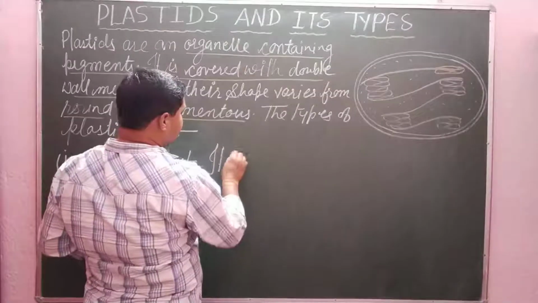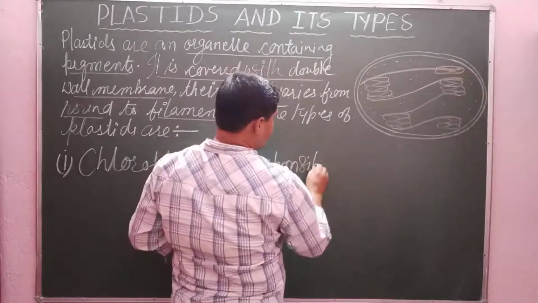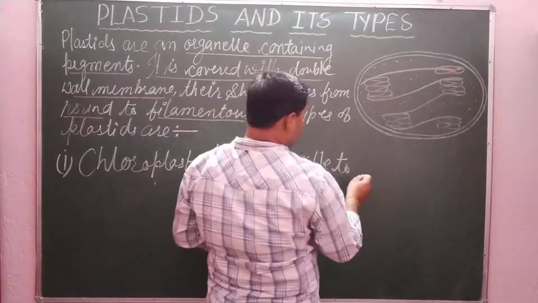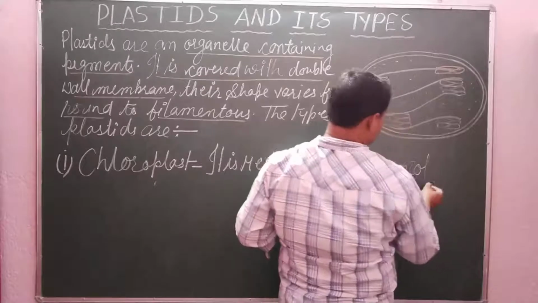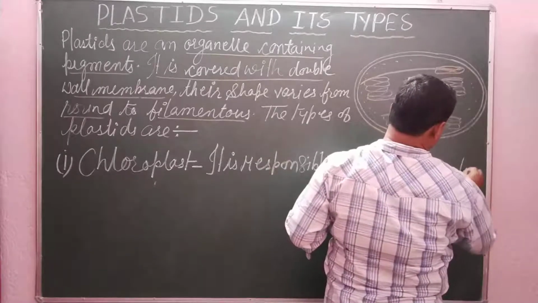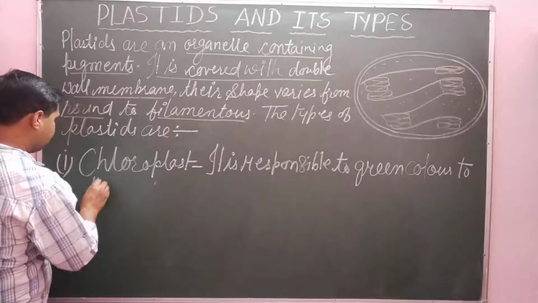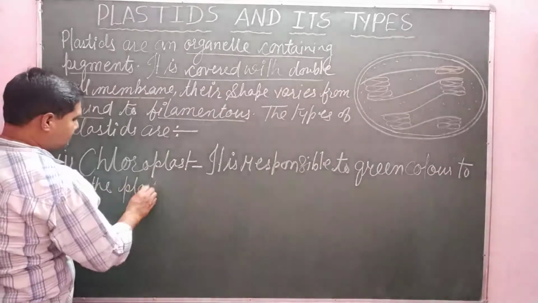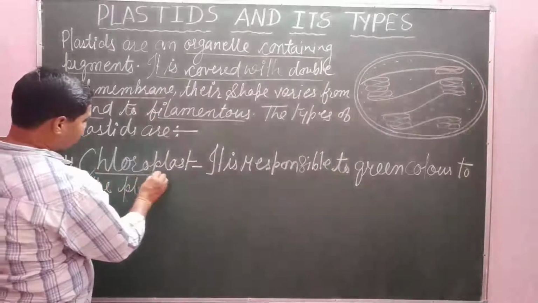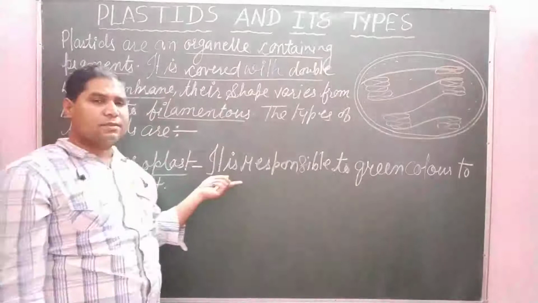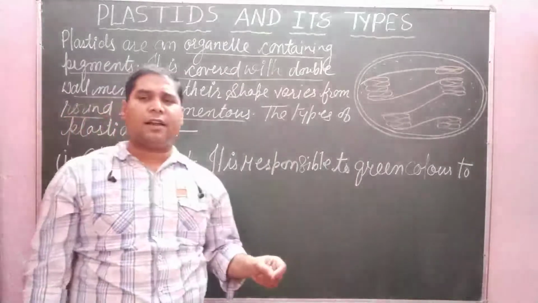It is responsible to give green color to the plant. So dear student, let us know about the chloroplast. Chloroplast is a plastid which is responsible to give green color to the plant.